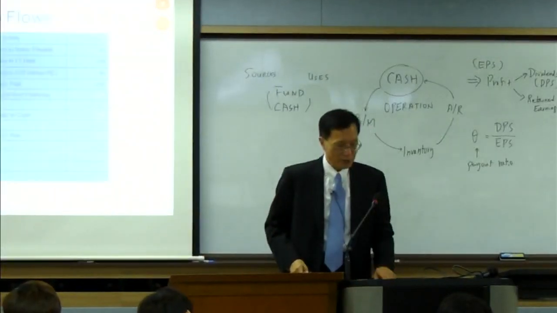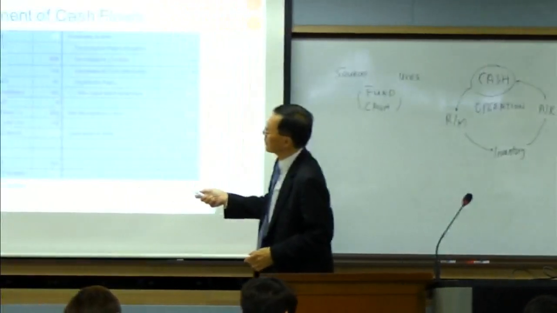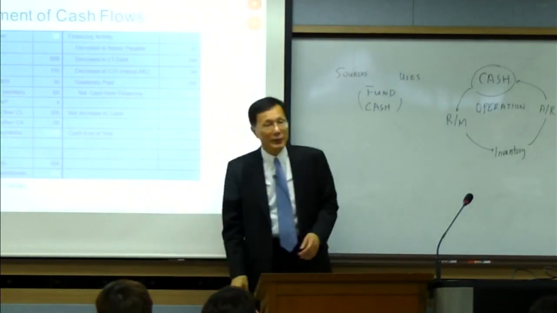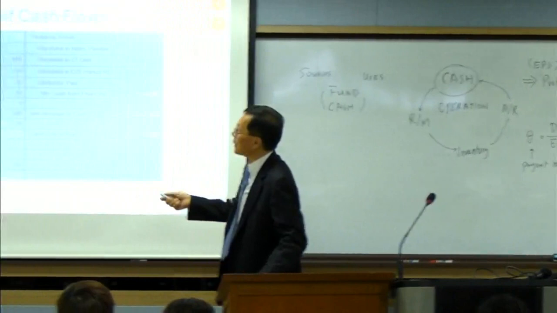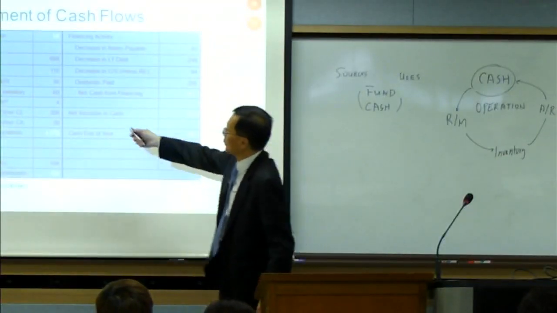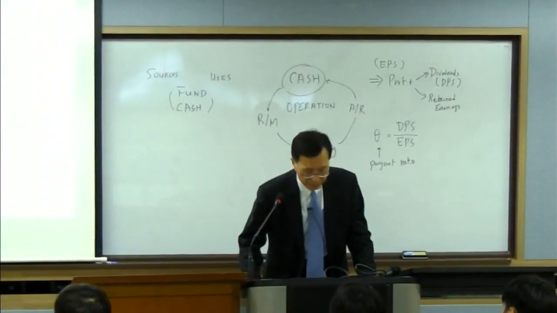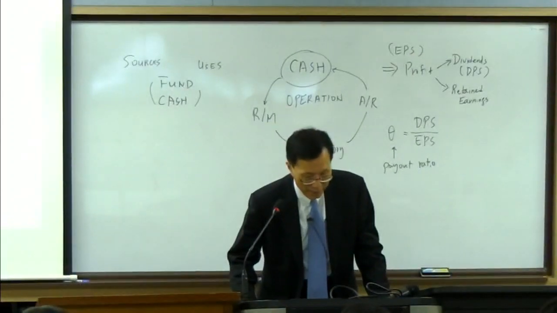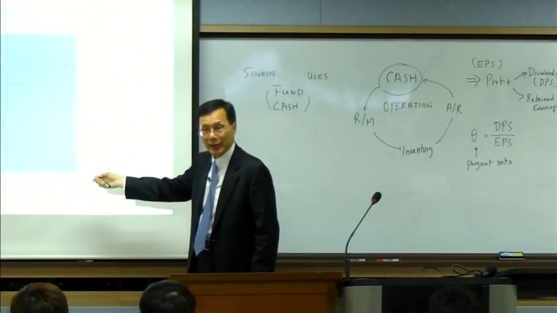And the statement of cash flows is essentially categorized into three parts: operating activity, investment activity, and financing activity. Operating activity starts with net income. Where does this number come from? Remember, this comes from the net income here, 689.